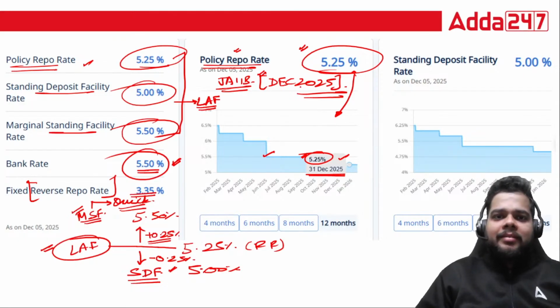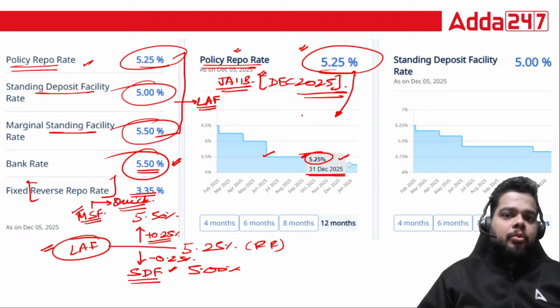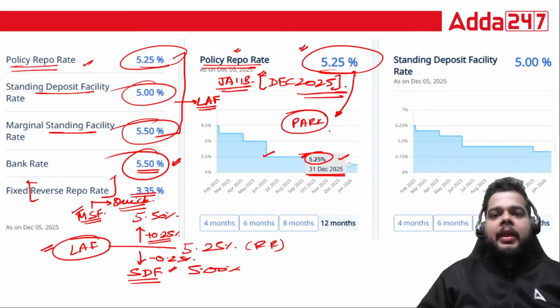So against the repo rate, or the flip side of the repo rate, we have a particular rate of interest which will be provided by the RBI to these banks if they park their funds with the RBI. And this is known as your reverse repo rate.